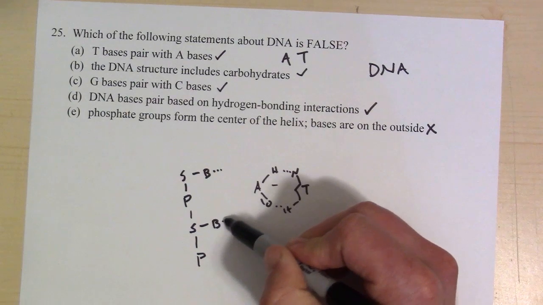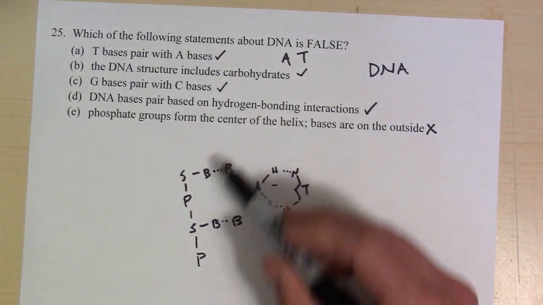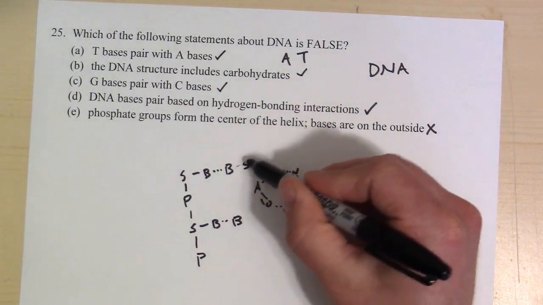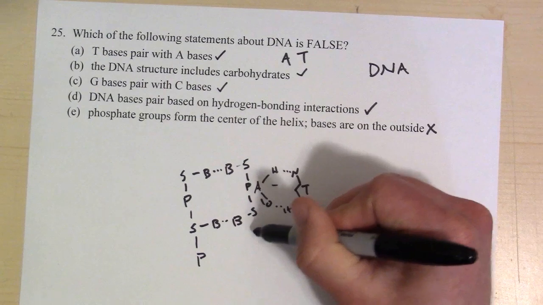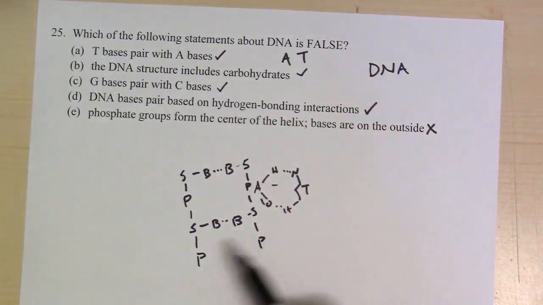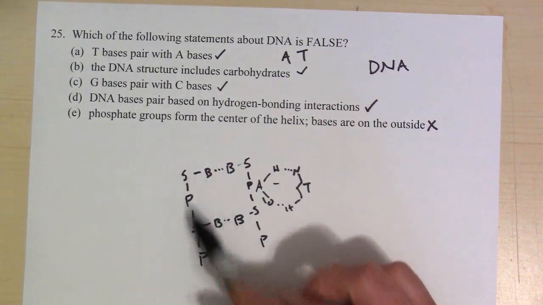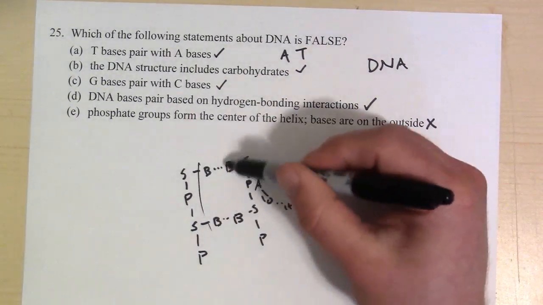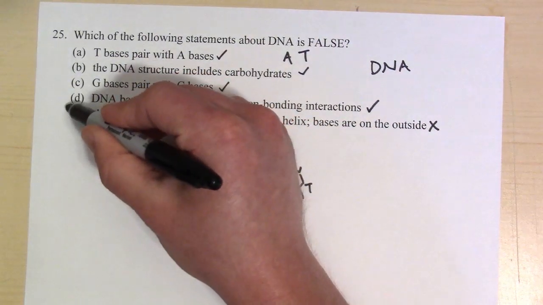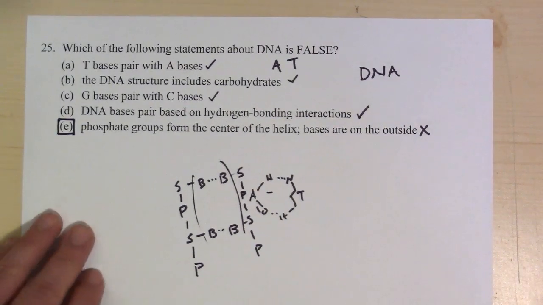Then you'd have your hydrogen bonds between your bases to the paired base, which would be connected to the backbone on the opposite side. So the phosphates are not in the center of the helix. They are on the outside. The bases are on the inside, not the outside. So number 25, the answer is going to be E.